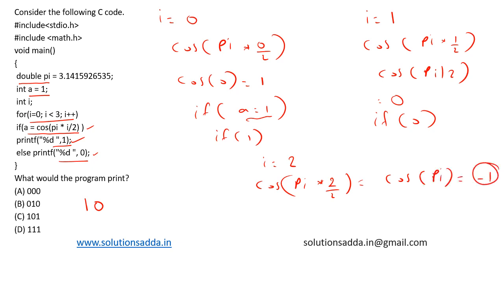The criteria for entering the if condition is that this has to be true. Any value other than 0 will make it true, and if this value is 0, then it will move to the false part. So this is minus 1, so this is entering the true condition, that is we are printing 1. So the answer is 1 0 1 based on the options.